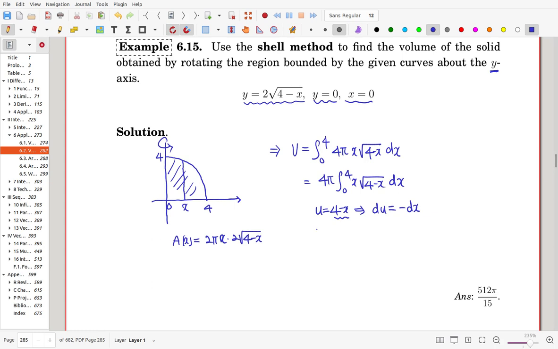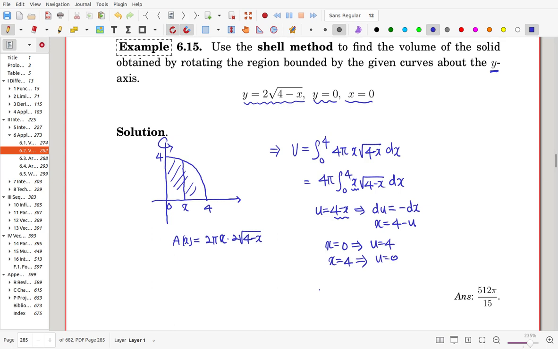Here we also need x, so moving things to the other side, x is 4 minus u. Now, when x equals 0, u is 4. When x equals 4, u equals 0.